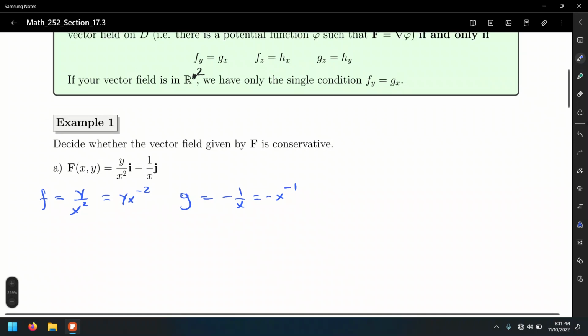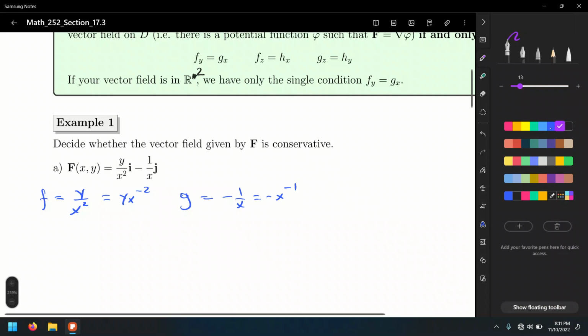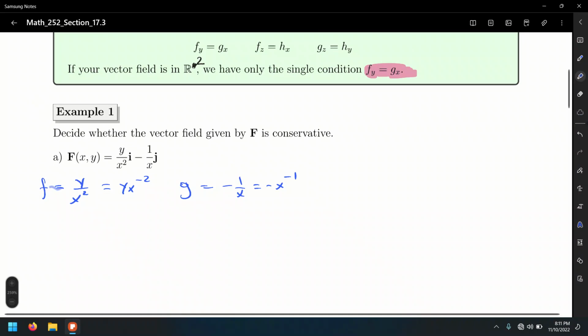So now we need to determine whether the partial derivative of f with respect to y is equal to the partial derivative of g with respect to x. Alright, so what's the partial derivative of f with respect to y? That's just 1 over x squared, right? And what's the derivative of g with respect to x?